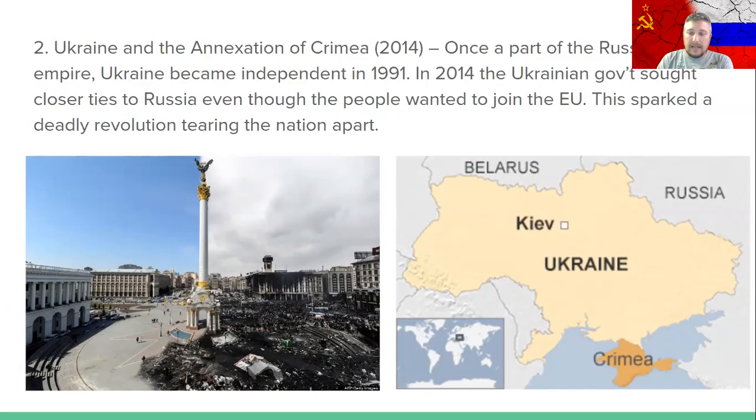In fact, I want to go back here because I did not point it out. If you look at the bottom of the map on the right-hand side, you'll see a little peninsula in the bottom of Ukraine called Crimea. Crimea is a beautiful area, and you can see it sits there. I believe that's the Black Sea that it sits upon. The population in Crimea is primarily made up of Russian-speaking, either Ukrainians or Russians themselves.